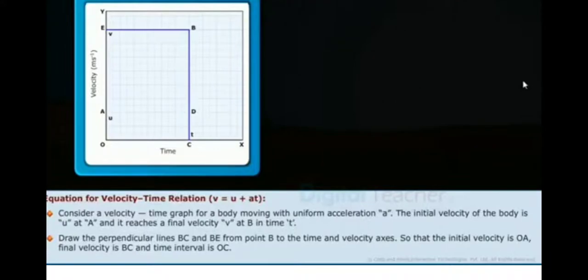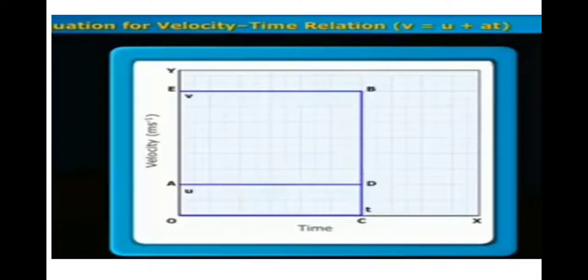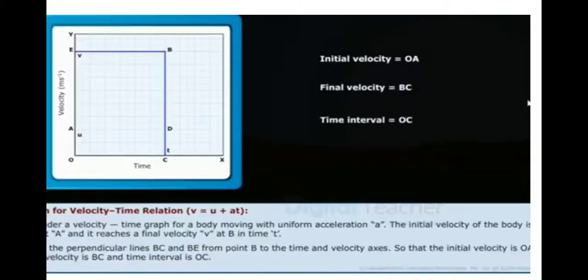Draw the perpendicular lines BC and BE from point B to the time and velocity axes. So, the initial velocity is OA, the final velocity is BC, and the time interval is OC.